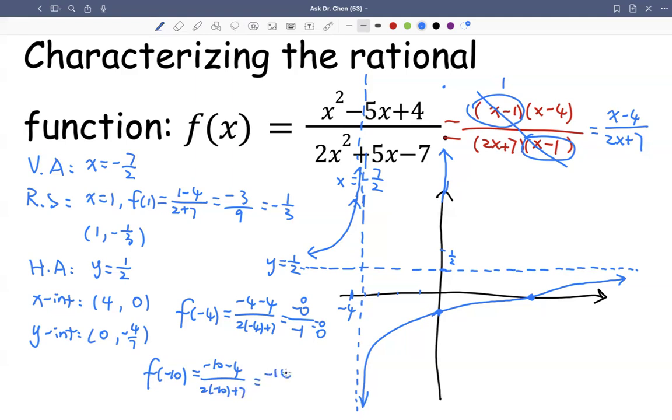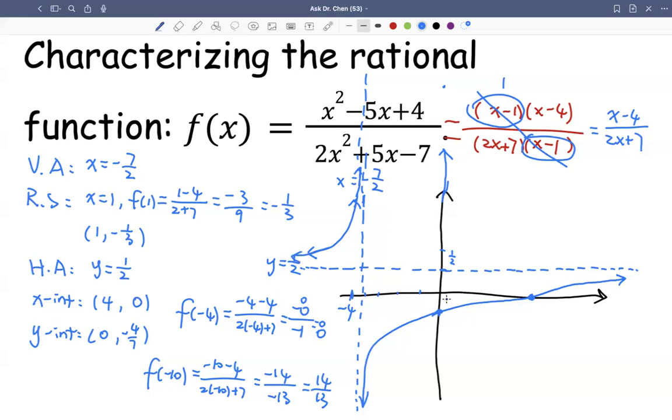So we get -14 over -20 plus 7, which is -13, almost 1, so +14 divided by 13. As you can imagine, you can try more. So this just goes this way.